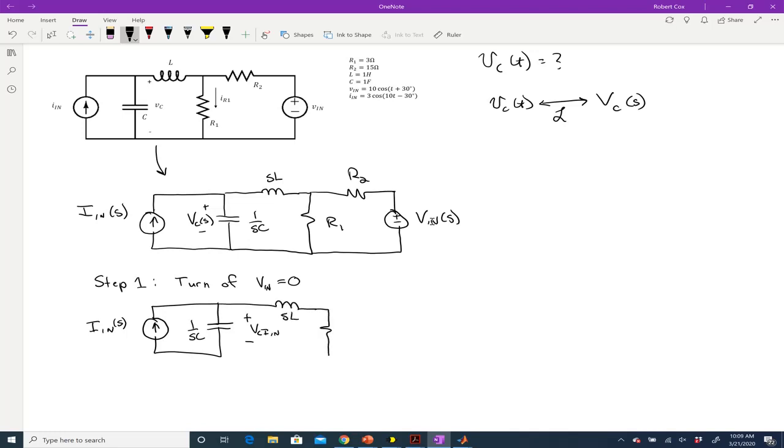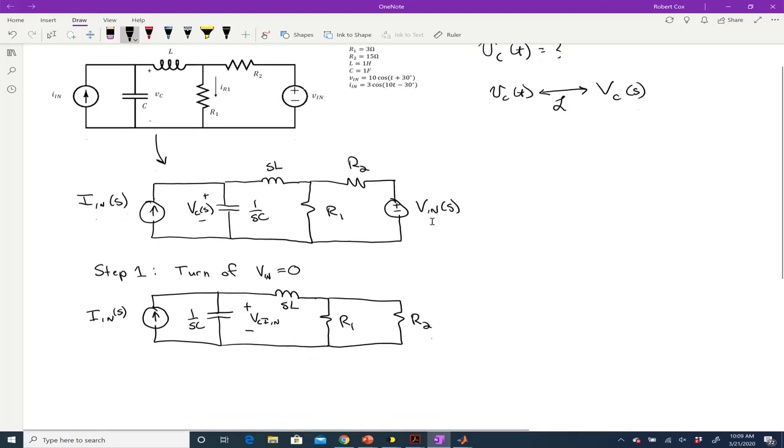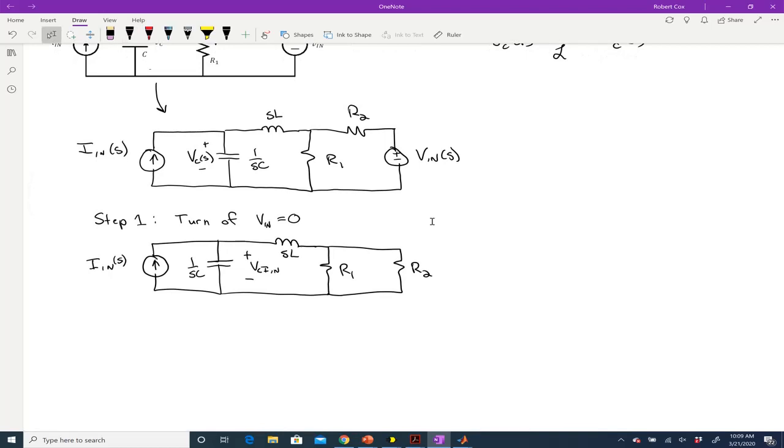Because the voltage source is off, I just have R1 in parallel with R2. If I draw a line right here, I see a collection of impedances in parallel with the current source, so I can simplify that circuit like so.